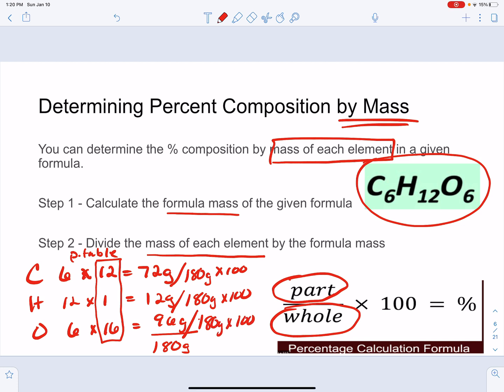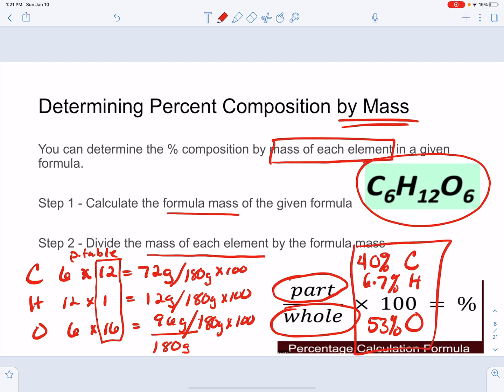I should be getting values of 40% for the carbon, 6.7% for the hydrogen, and 53% for the oxygen.